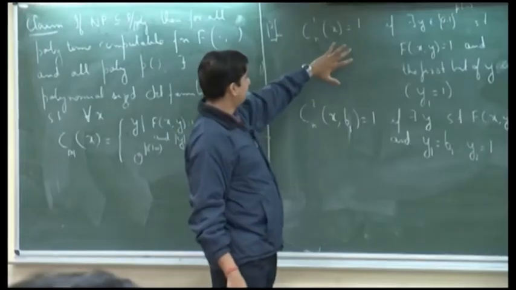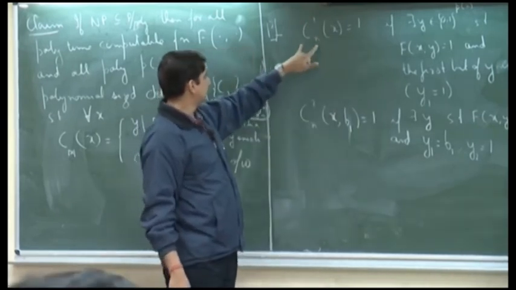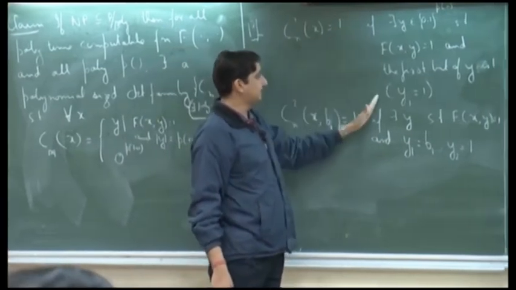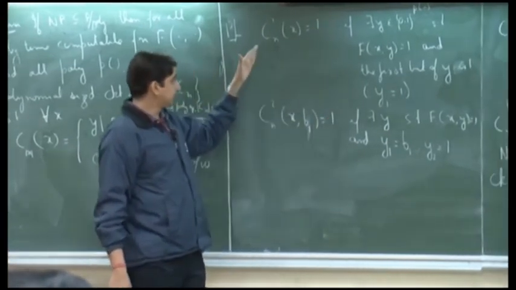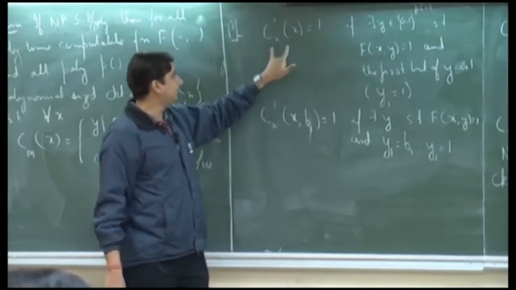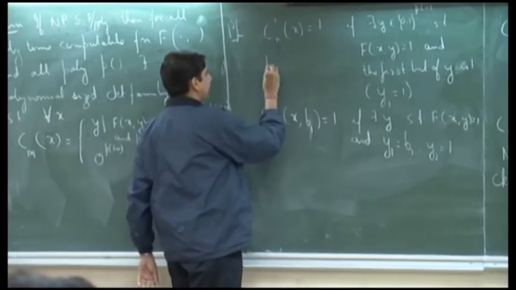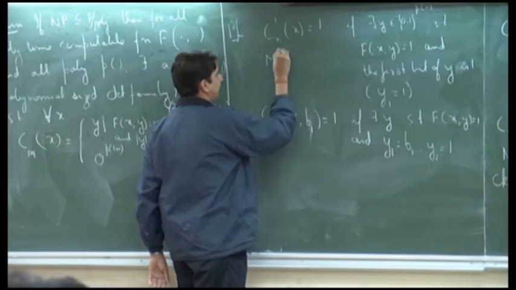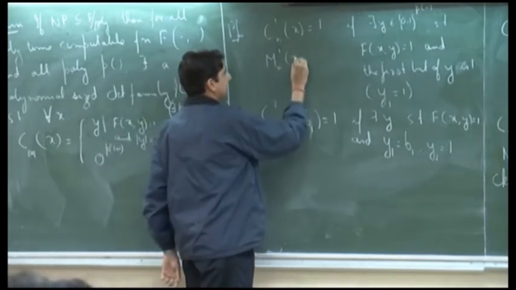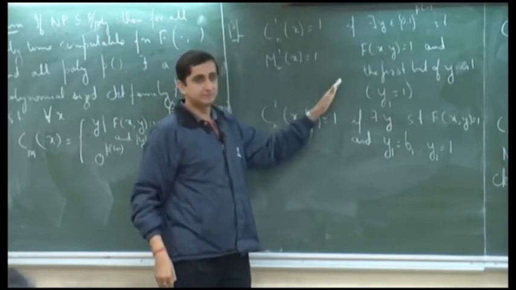Let us look at just one of these predicates. Suppose given an x, I want this circuit to output 1 if this happens. First of all, the first claim is that this predicate can be computed by an NP machine. So, there is some NP machine, let us call it Mn1, that given x outputs 1 when this happens.